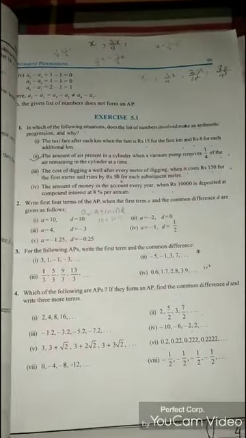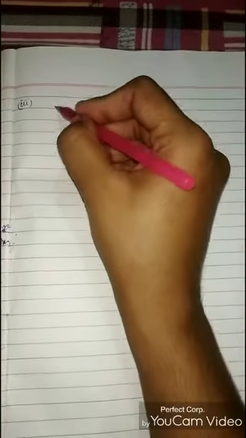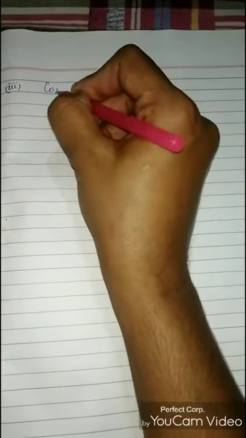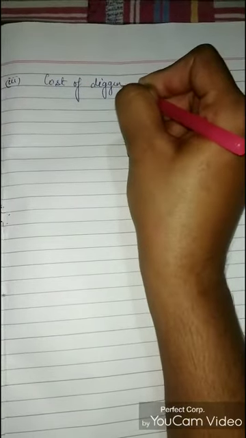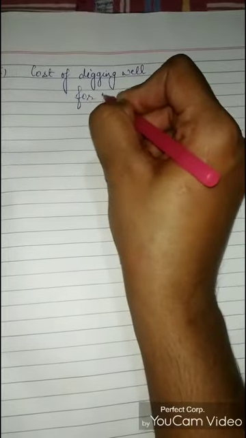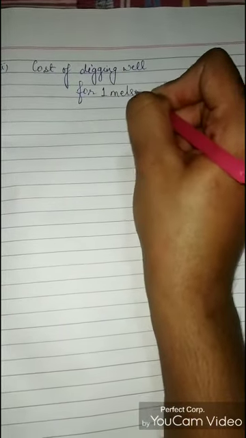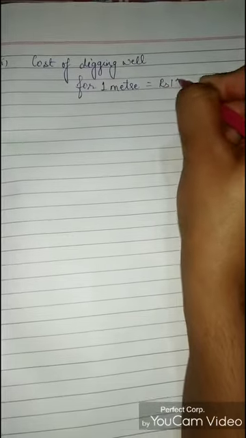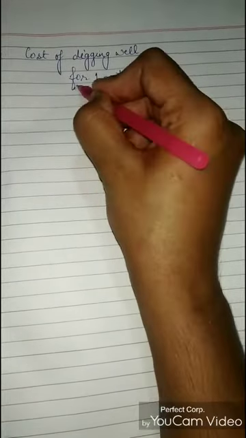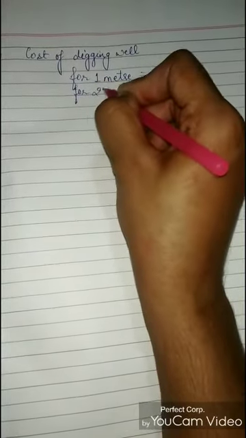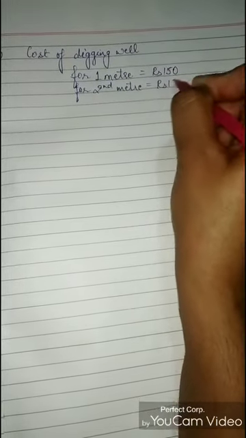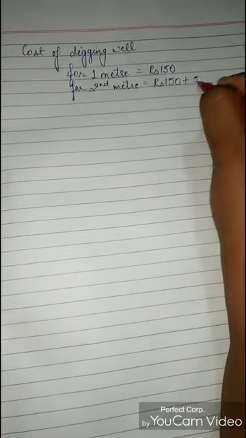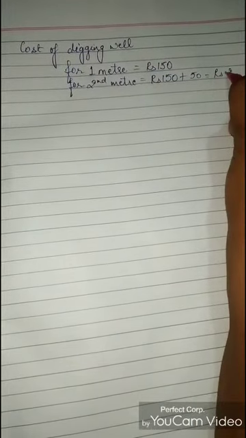So start solving. Here, the cost of digging a well for 1 meter we are talking about. For 1 meter it is rupees 150. For the second meter it will be rupees 150 plus 50, it is rupees 200.